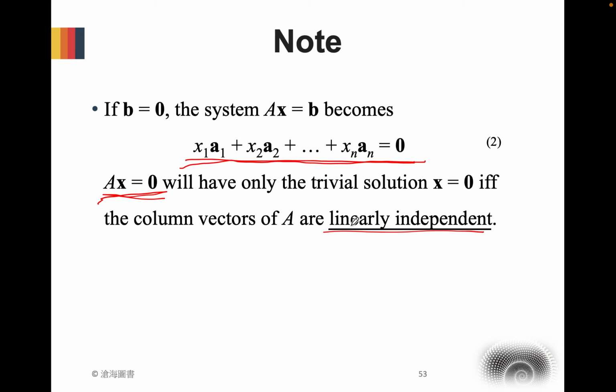If they are, then Ax equals 0 has only the trivial solution. The so-called trivial solution is that we set all x1, x2 to xn as 0. We always have the trivial solution for this kind of system, right?